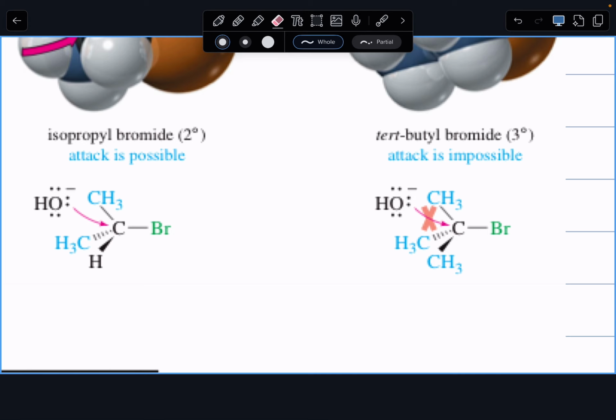The product is also the same for both reaction mechanisms.